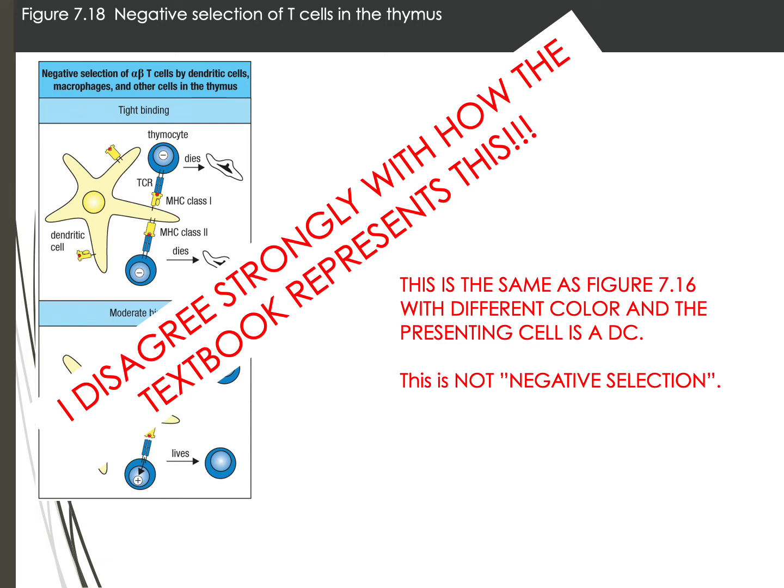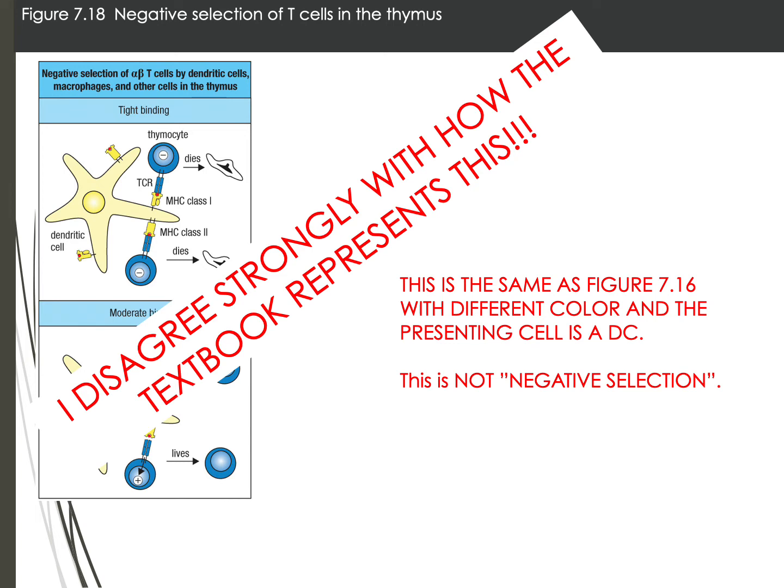Okay, so my other issue with this is it's the same figure as 716, except it's a different color, and instead of the epithelial cells, it's showing dendritic cells presenting. During positive selection, you can have other cells presenting MHC class 1 and class 2 to these thymocytes. So again, do not confuse what is labeled in this figure as negative selection, the process that leads to tolerance.